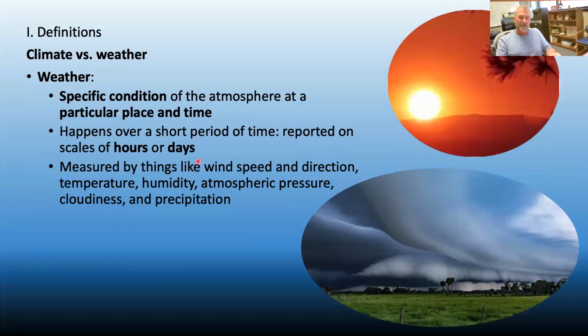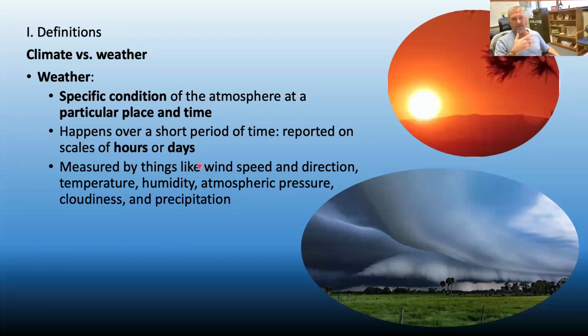So, whenever you're talking about climate, I think the first thing you really have to do is define the difference between climate and weather. And bottom line is, weather is an immediate thing, something that happens in a time frame of hours or days or maybe even weeks, right? But it's short scale.